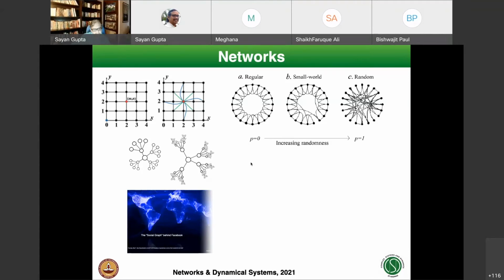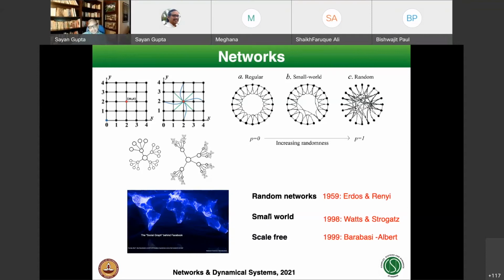Examples of scale-free networks are how the connections are there in the social graph in Facebook, for example. So this brings us to the concept of random networks, small world networks, and scale-free networks. These are the three most popular networks that are used. The random network was discussed in 1959, for example, but the small world and scale-free networks were discussed only in the late 90s. So this is only about the topology of the network structure.